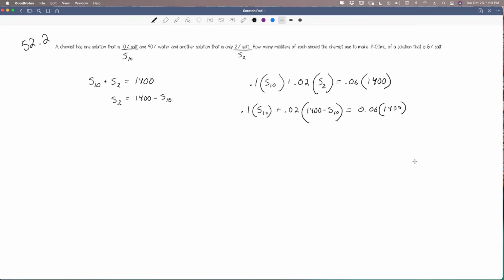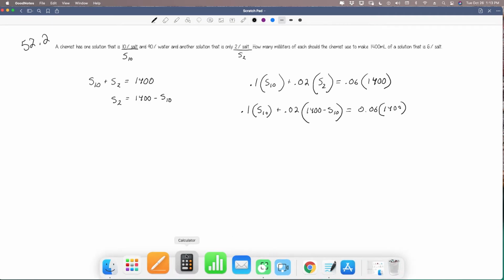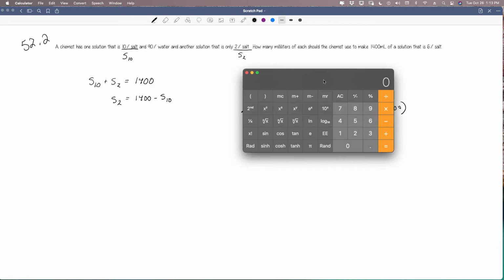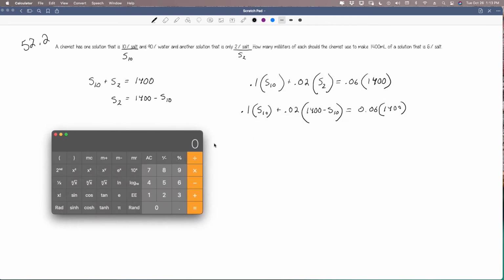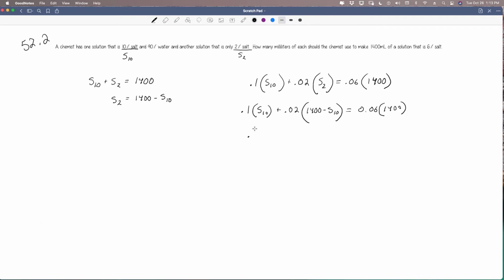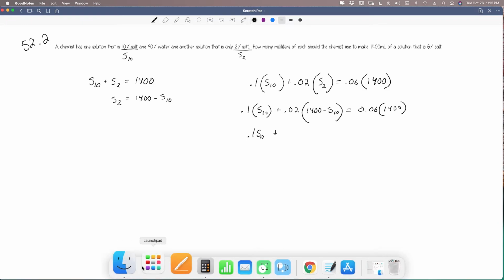We're about to the point where I need a calculator. So I'm going to pull one up. I don't know why I closed it. All right, here we go. So I know what this is. This one's easy. 0.1 to the 10% solution. And then we have, let's do 0.02.